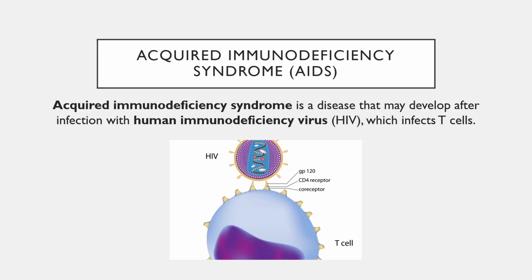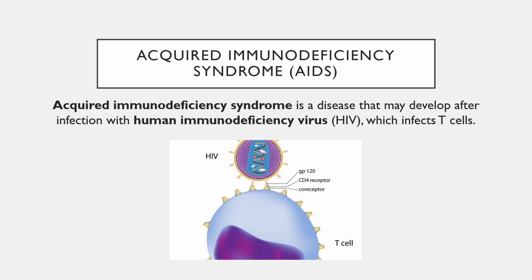We are focusing on this one because it is considered a pandemic to this day and a major public health priority. Acquired immunodeficiency syndrome is a disease that may develop after infection with human immunodeficiency virus, or HIV.